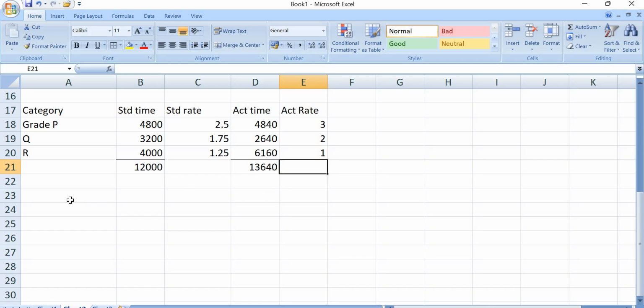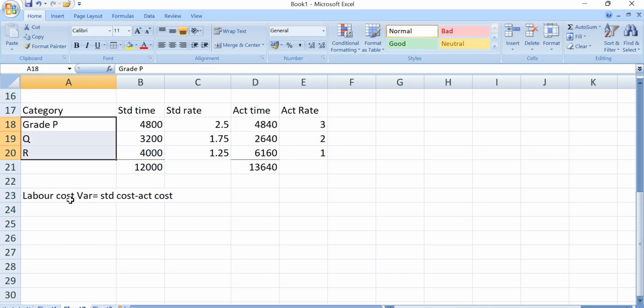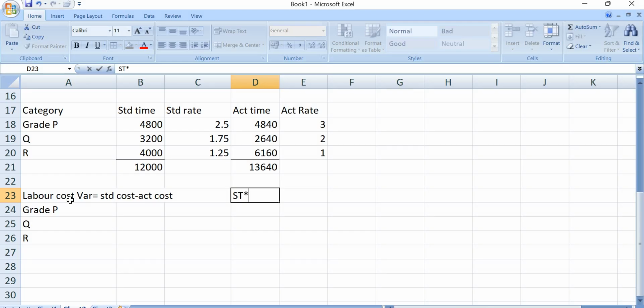So first let's calculate labor cost variance. So labor cost variance is very simple. Remember, if it is cost variance, it is the variance between standard and actual, right? So standard cost minus actual cost. So how will we calculate standard cost? That is standard time into standard rate minus actual time into actual rate. So this is our formula, right?